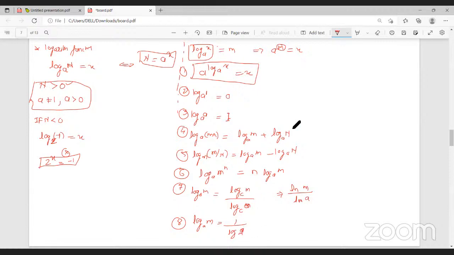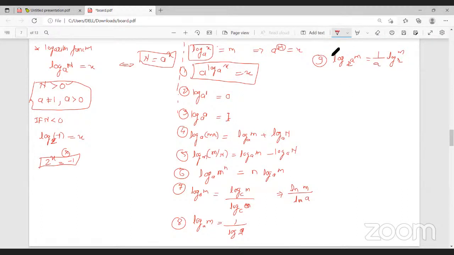So, log of a to the base r square m will be 1 by 2, and for a to the base m it will be 1 by a log of a to the base m. Sorry, it should be m, right?